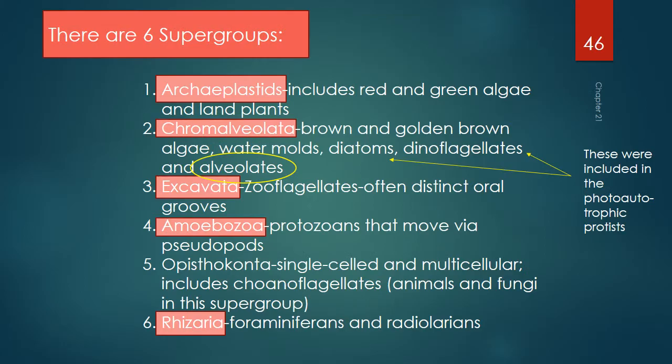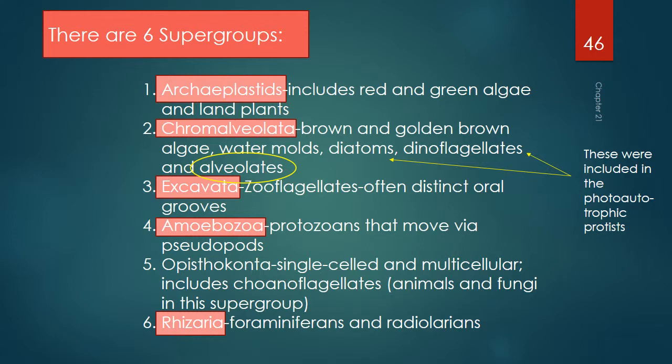So just to show you where those are, the ciliates are alveolates in the supergroup Chromoviolata. So they're in both of those two. In Chromoviolata, they're included with the phototrophic protists because they are also phototrophic. Am I confusing you enough yet?